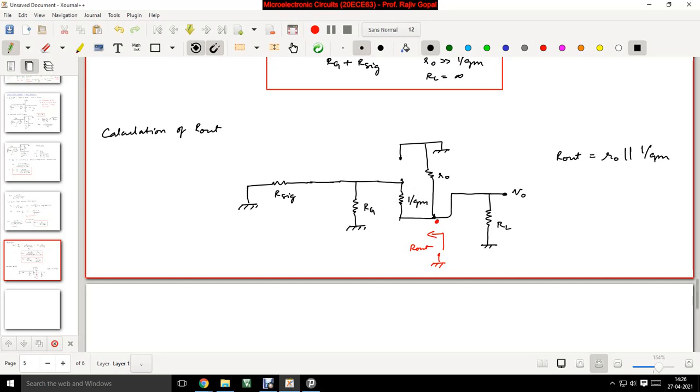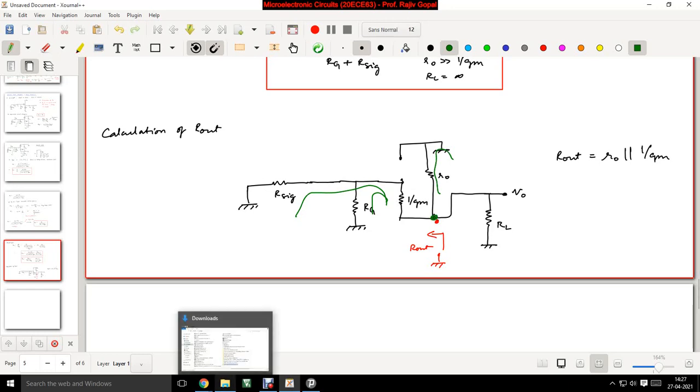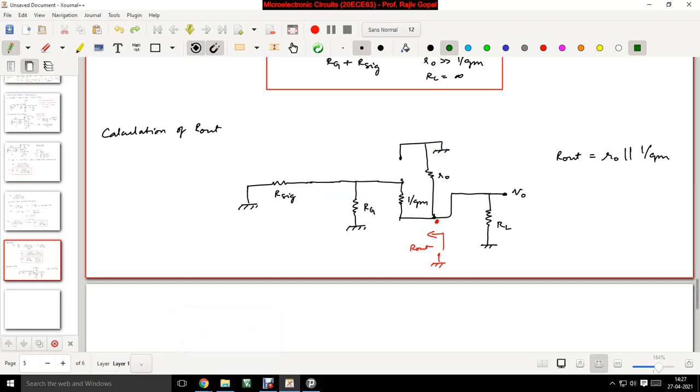Remember, this 1 by gm is also connected to ground, and r0 is also connected to ground, and both of them join at this tip. So r0 and 1 by gm are parallel, and R out is r0 parallel 1 by gm. Again, if I consider r0 to be a much greater value compared to 1 by gm, then R out will be close to 1 by gm.